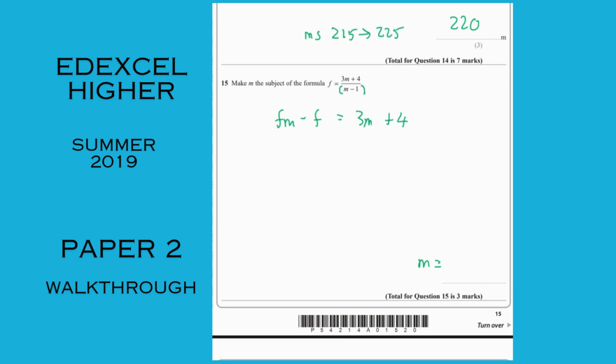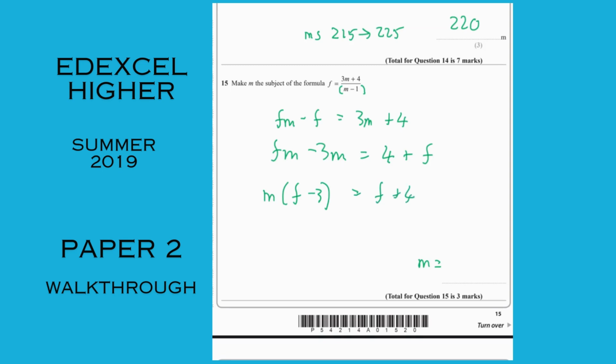Get your m's on one side. You could choose the left or the right. I usually choose the left, and I will again here. So subtract 3m from both sides, adding f to both sides. Now we've got the m's isolated, we can take an m out, leaving us with f minus 3.